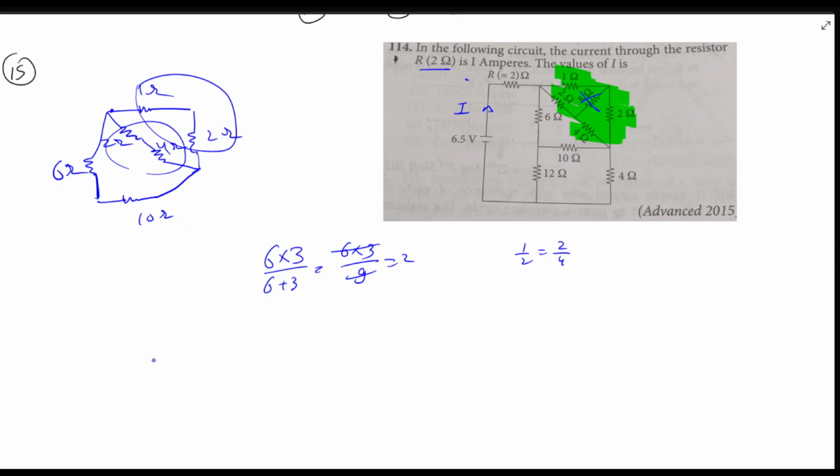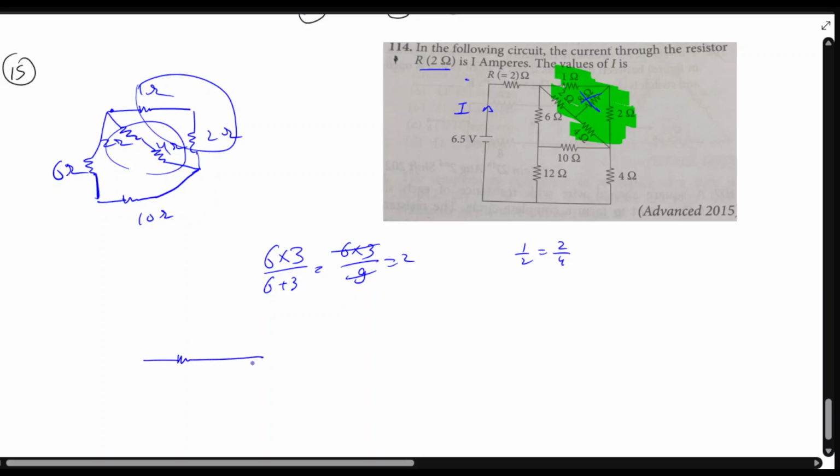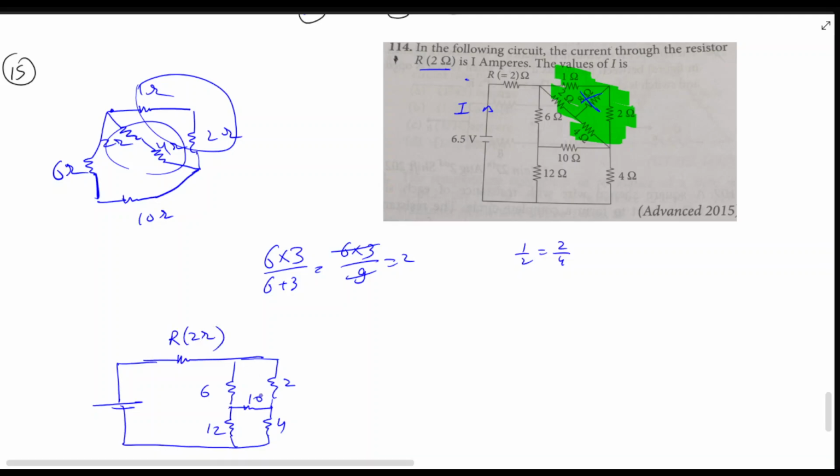Now our circuit is resolved like this. This is 6. This becomes 2. This is 10. This is 12. This is 4, right? And like this. So this is our R, which is 2 ohm, 6, 2, 12, 4.